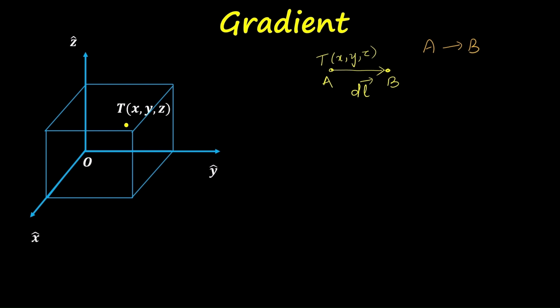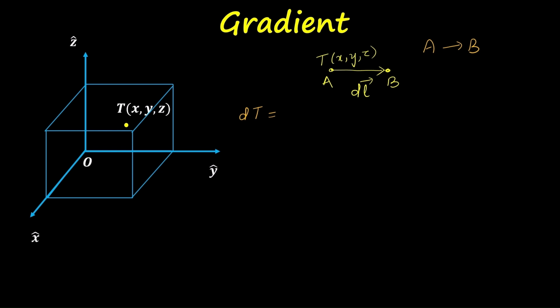Now, the change in temperature will depend on how x, y, and z are changing. So we can write the change in temperature as the total derivative, which you study in calculus.